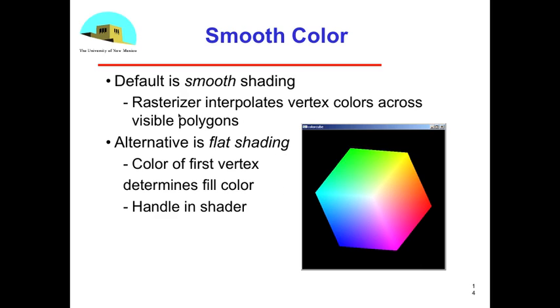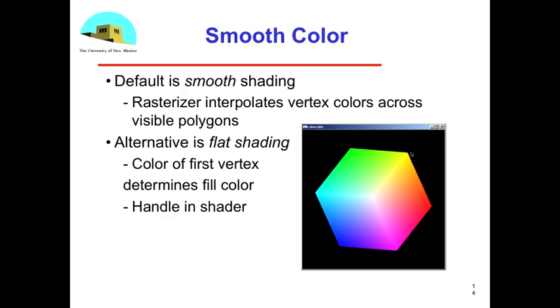So one way to do this is to use the rasterizer to automatically interpolate between the vertex colors, and that's what you see going on here. You may be able to detect a little bit that the rendering here, even though it's 6 faces for the cube, is actually being rendered as 12 triangles, because all we can ultimately render are triangles. You might see that a little in how the colors are being blended. So what's happening here is the rasterizer is blending the vertex colors.